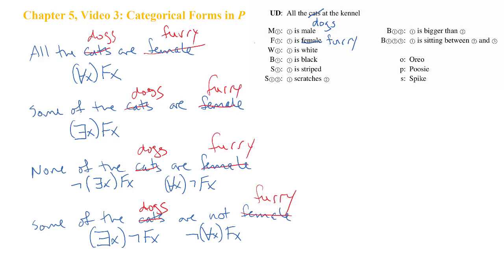Similarly, if we took a simple statement like this, which we might translate now as Spike is striped, if we change, say, the interpretation of this particular constant and let it designate Spot instead of Spike, then the meaning of this changes to Spot is striped.